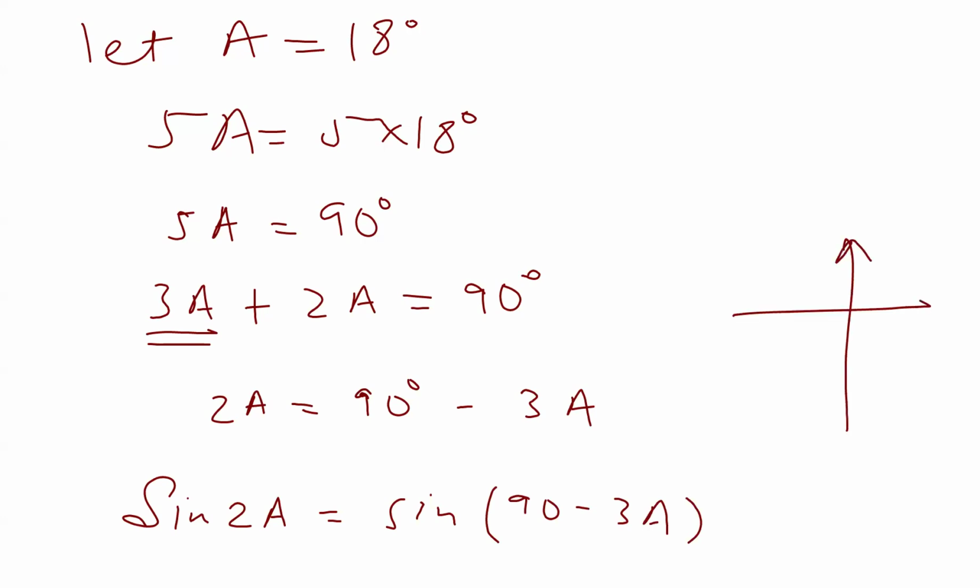So what is sine of 90 minus 3A? Cos 3A. Sine 90 minus 3A will be cos 3A. So sine 2A is equal to cos 3A.